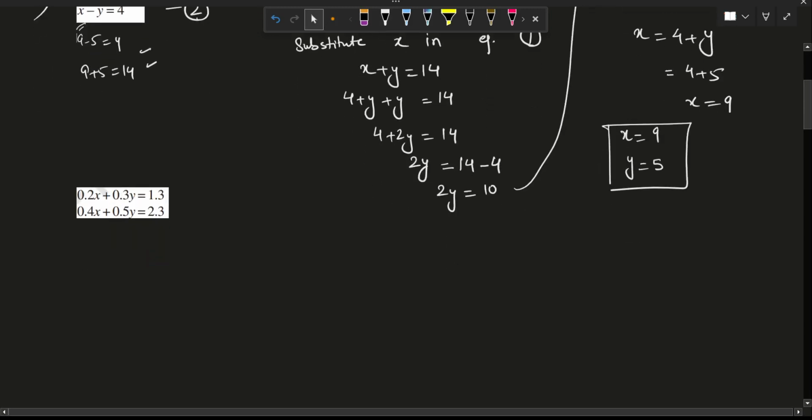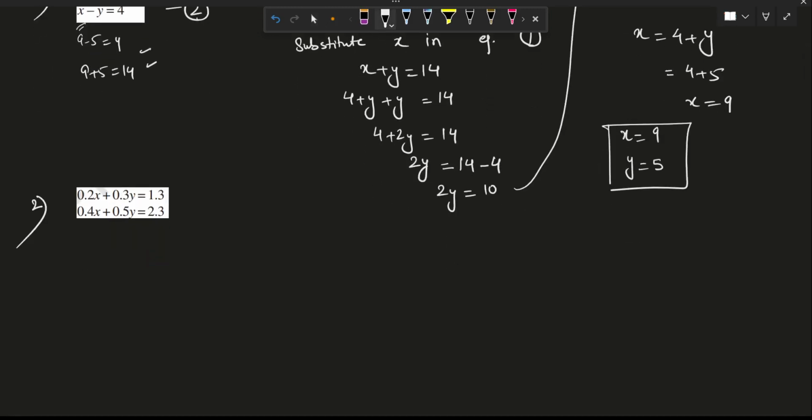Now here you see in the second equation it's 0.2x plus 0.3y is equal to 1.3, and 0.4x plus 0.5y is equal to 2.3. Can I just simplify it, because the decimal place is 1 in all of them, meaning it's 2 by 10x plus 3 by 10y equals 13 by 10, and 4 by 10x plus 5 by 10y is equal to 23 by 10.